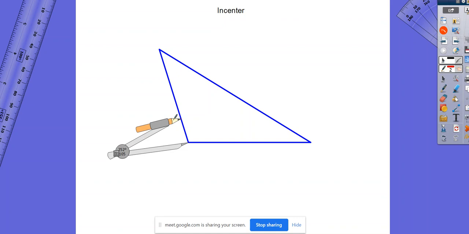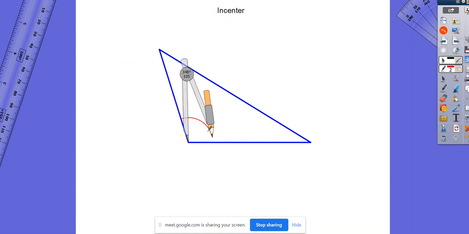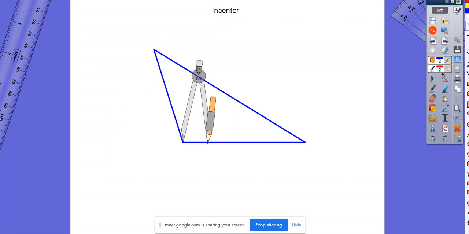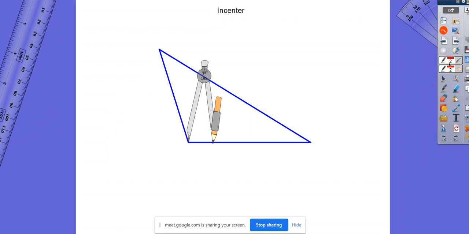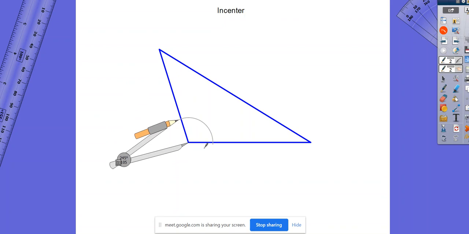The first thing I'm going to do is redo that because I want to make sure these lines are nice and light. So the first thing I'm going to do is create an arc that goes from one leg of the angle to the other leg of the angle.